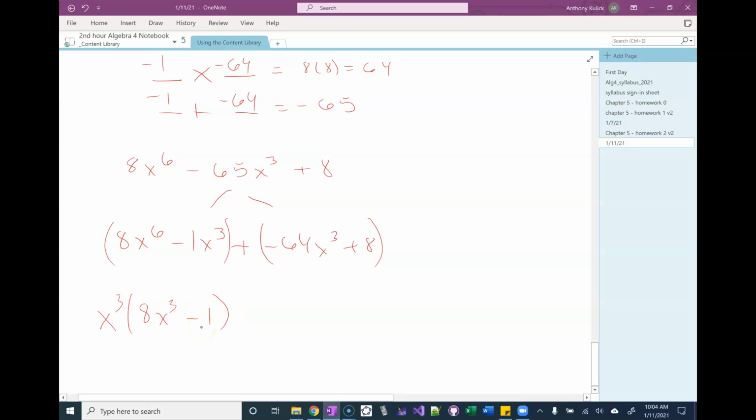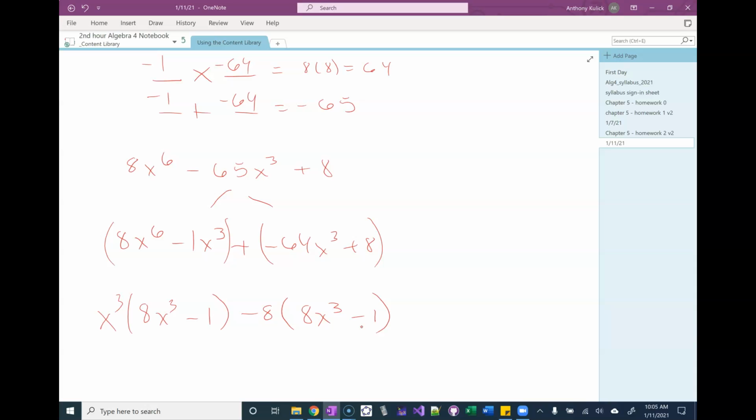The second group we can take out a greatest common factor of 8. I would do negative 8 though, because typically we want the leading coefficient inside the term to be positive. So let's do negative 8 instead of positive 8. That'll just cause the signs to switch there when we take the negative out, right? So the one that was negative becomes positive, and the one that was positive just becomes negative.